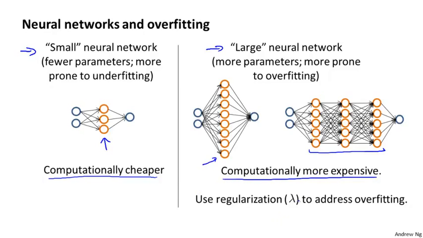The main potential problem of these much larger neural networks is that they could be more prone to overfitting. And it turns out that if you're applying a neural network, very often using a larger neural network, it's actually the larger the better, but if it's overfitting, you can then use regularization to address overfitting. And usually using a larger neural network but using regularization to address overfitting is often more effective than using a smaller neural network. And the main possible disadvantage is that it can be more computationally expensive.